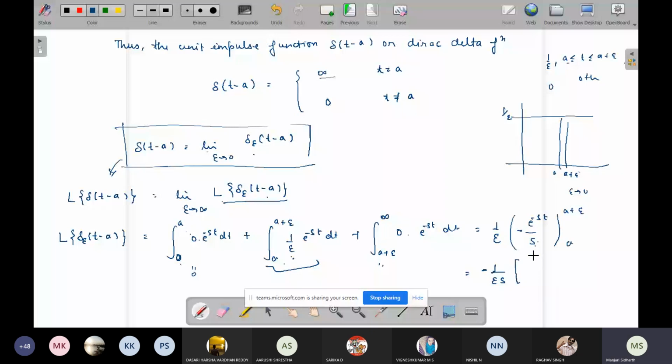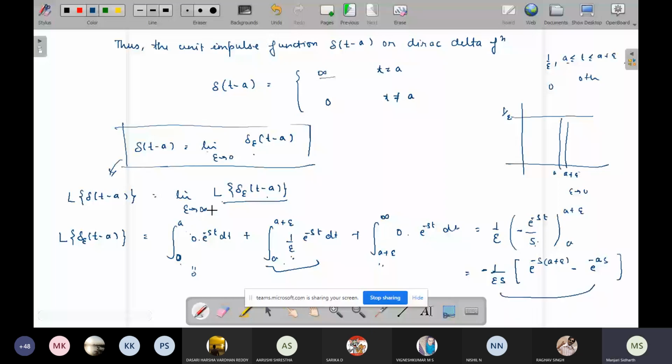Upper limit, that means in place of t, e power minus s times a plus epsilon, minus the lower limit, e power minus sa. Now this is the value. Now we need to take the limit.